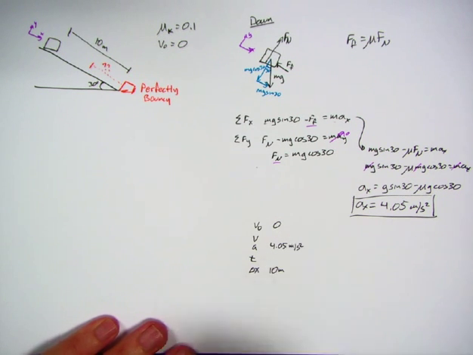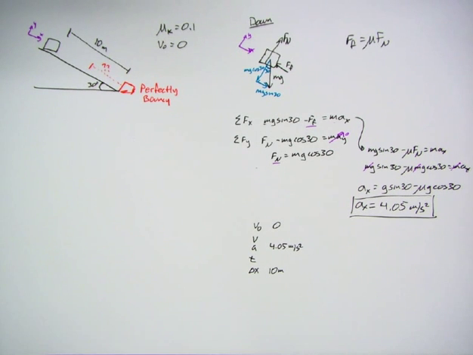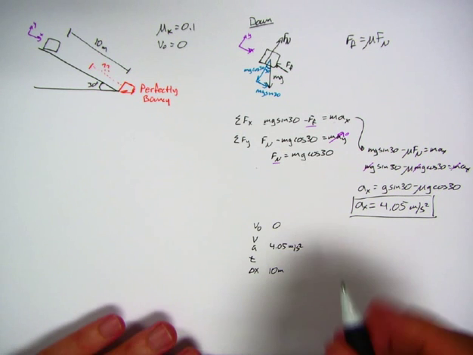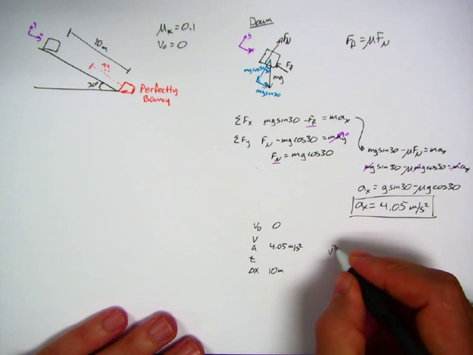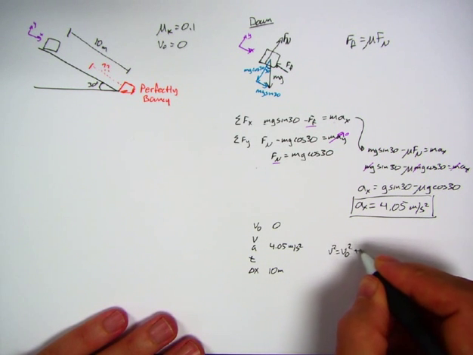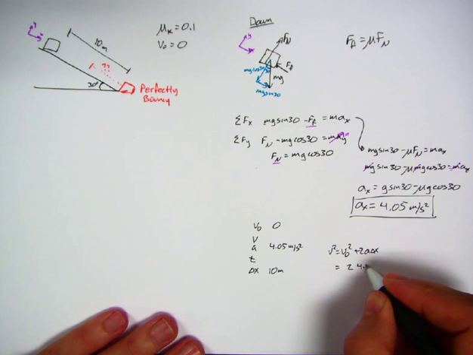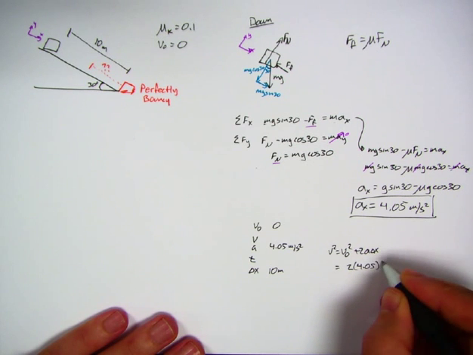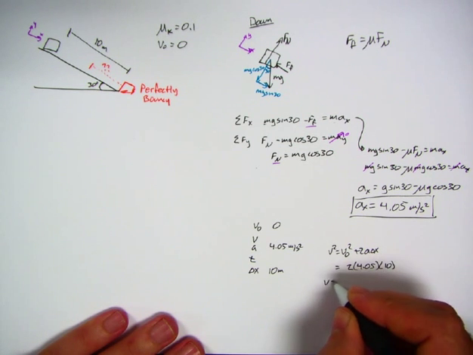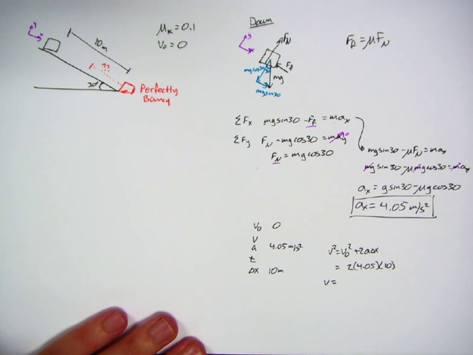I'm looking for final velocity, so I could say v squared equals v0 squared plus 2a delta x. So that's going to equal 2 times 4.05 times 10. So v is equal to the square root.